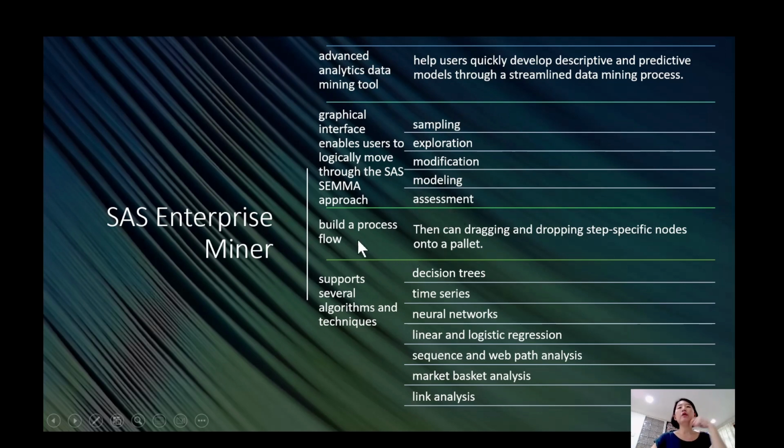You can also build a process flow by dragging and dropping the nodes on the process flow. We're going to look at this afterwards. It also supports several algorithms and techniques, for example decision tree, time series, neural network, linear regression, logistic regression, and so on and so forth.